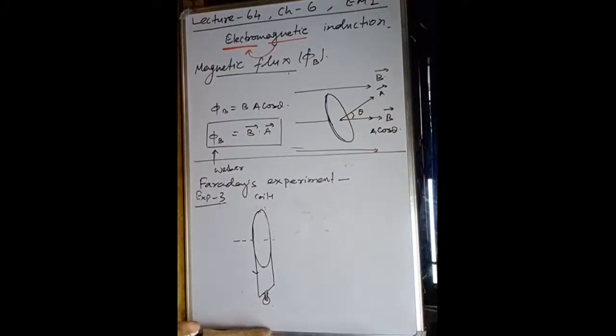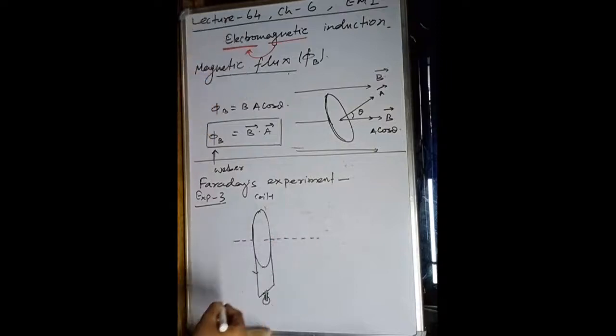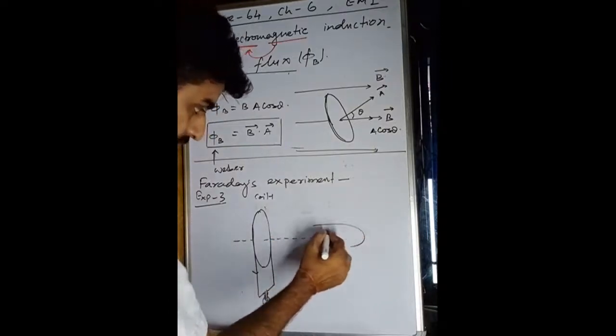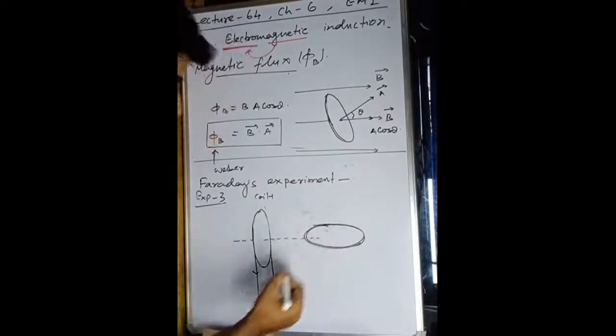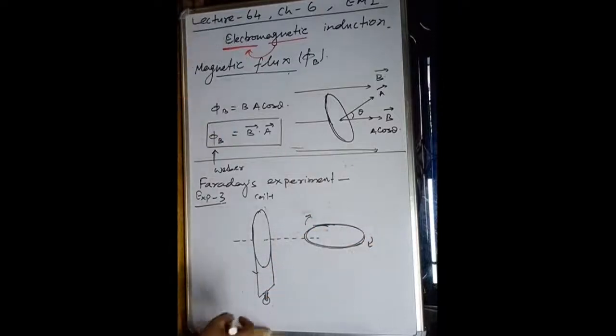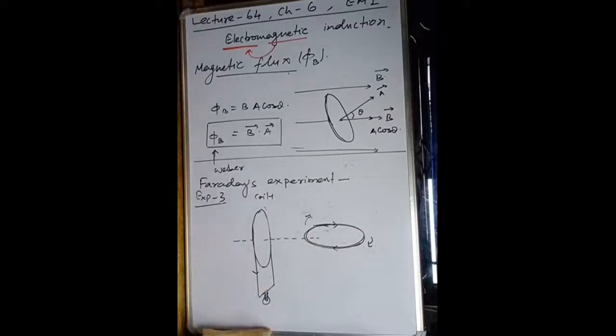If you allow the coil to rotate on its axis, and this coil is going to rotate in this direction, remember, a current is induced through this coil.